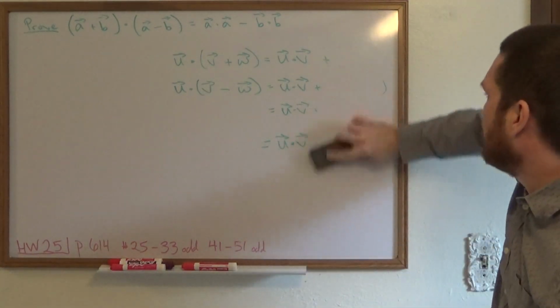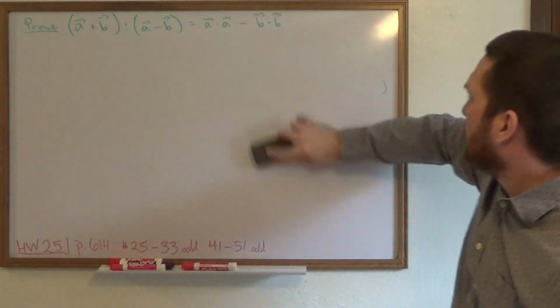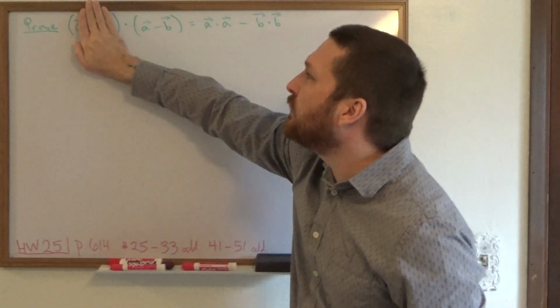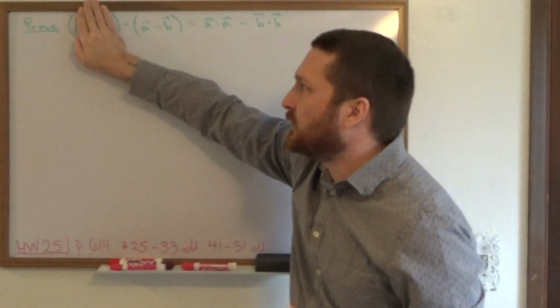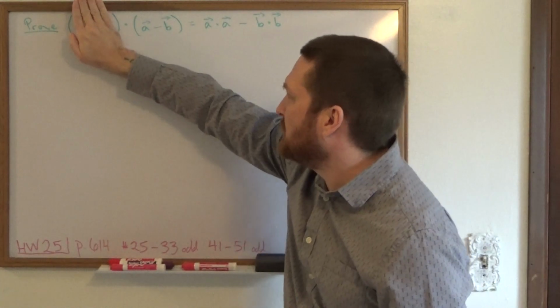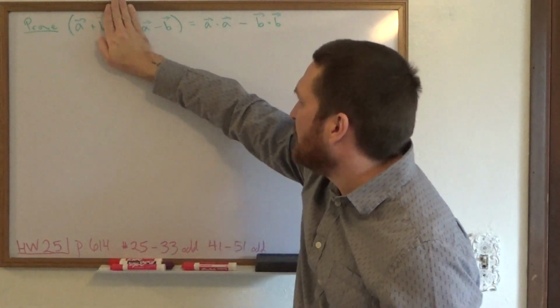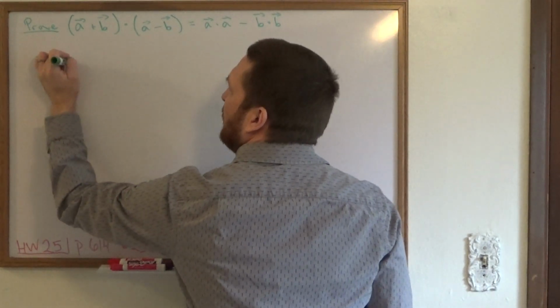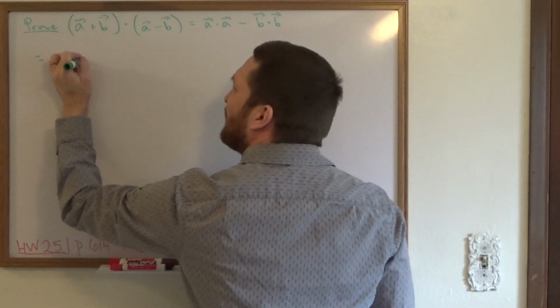Now that I know that's true, I could say, well, this thing itself is just a vector. I could rewrite u here if I wanted to and then substitute it in later, but I don't want to do that. I'm going to say, okay, that's just some vector and it distributes in, right? So this is the same thing. You can just FOIL. Well, no, that's what we're trying to prove.